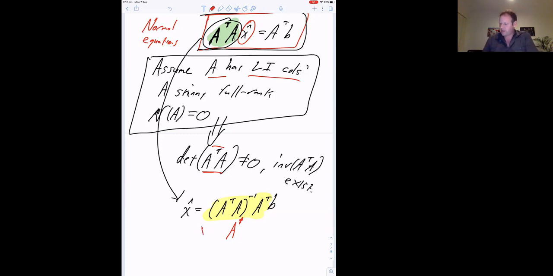This is a very powerful formula. This is a pseudo inverse. There's not a single pseudo inverse to a matrix A, there are multiple. It's also a left inverse to the matrix A. We'll see this in a few minutes. So you get that X hat is A dagger times B.